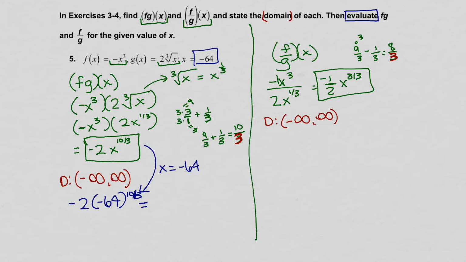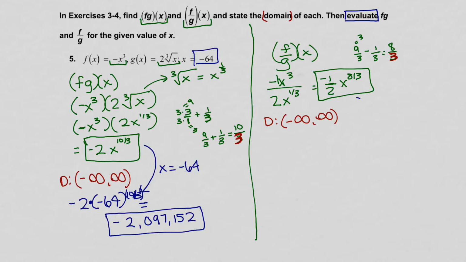So we're going to use a calculator, and we will get negative 2,097,152. If you did not get that, it's probably just an error in entering it into your calculator. I'm going to remind you to put the exponent in parentheses, and it's also helpful to make sure you tell your calculator to multiply right here at this point.